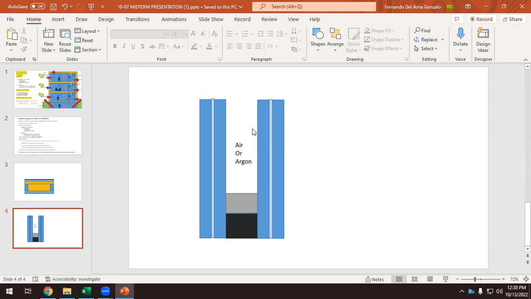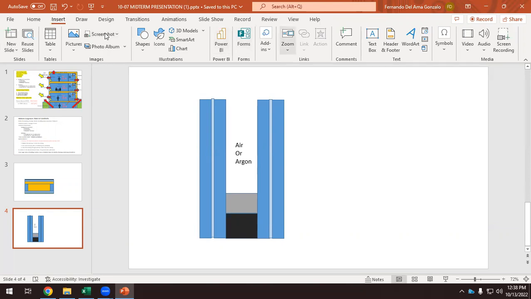But here we have a gap, it's filled with air. These are the glass panes. And here we have a spacer. And this is silicone. And this is a sealant.